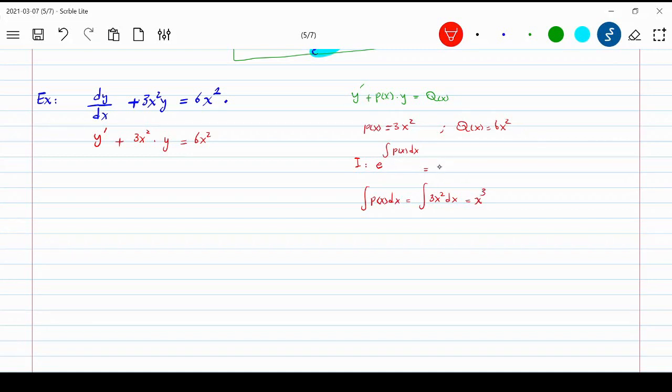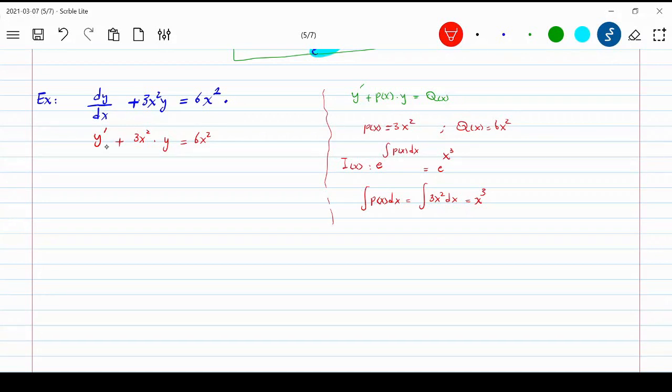So that means our integration factor is e to the power x cubed. By the way, it is better to write here this integration factor as ix to show that we are using a function of x. It's not necessary to write it, but it's good to use the x notation.